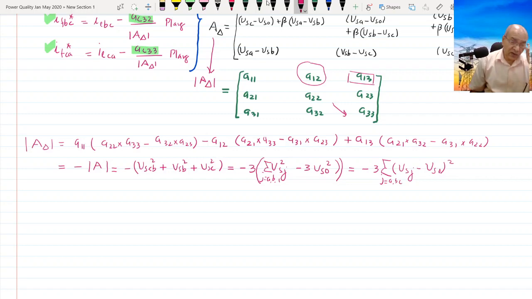Okay, so no difference except the negative sign. So this determinant and the previous determinant differ only by a negative sign. Value wise they are the same. Okay, so once we know the determinant, we shall find the cofactor transpose.